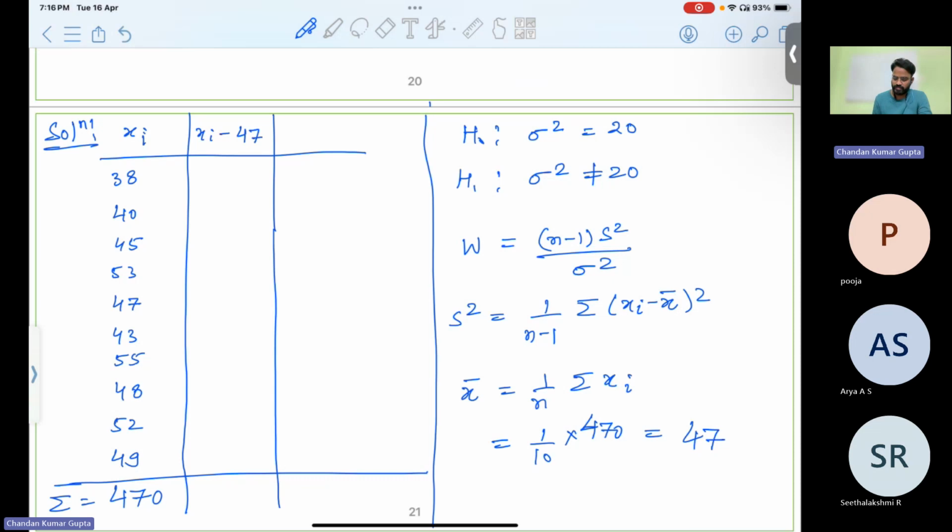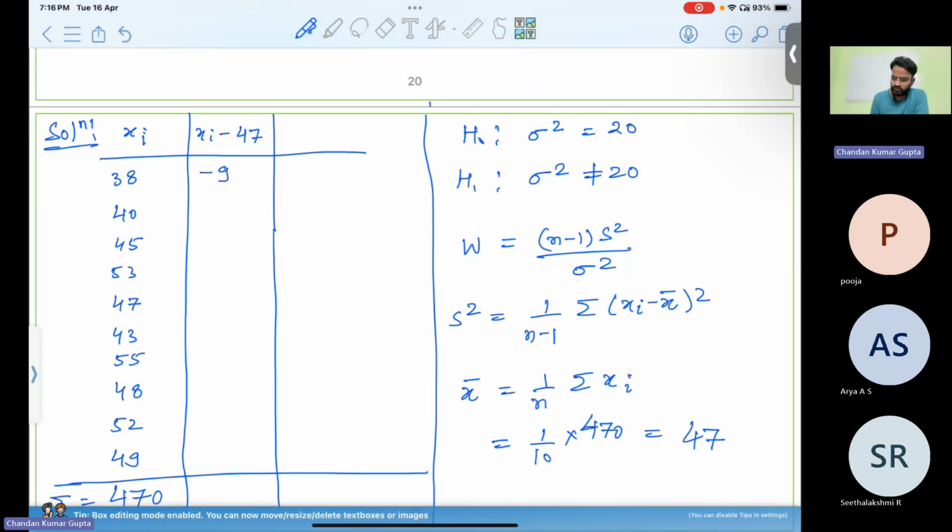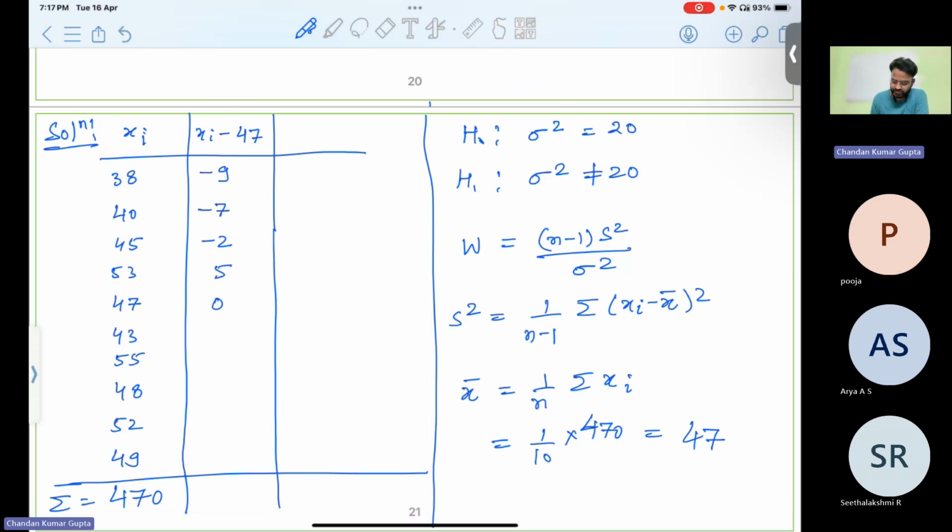So 38 minus 47 is minus 9, 40 minus 47 is minus 7, then minus 2, 5, 0, minus 4, 5, 8, 1, 5 and 2.